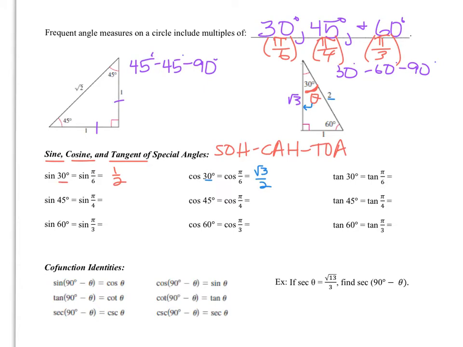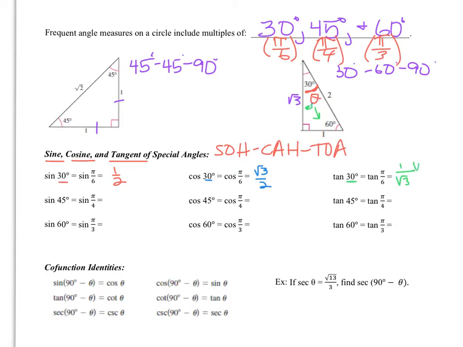So let's try tangent. Tangent at 30 degrees is opposite over adjacent. Opposite would be the 1, and adjacent is the square root 3. What makes this a little trickier is that we have to rationalize that denominator, like we'll do in many, many problems.